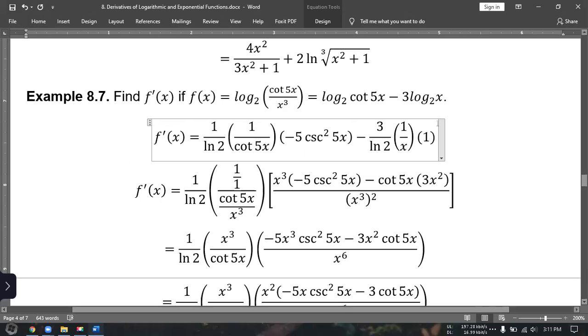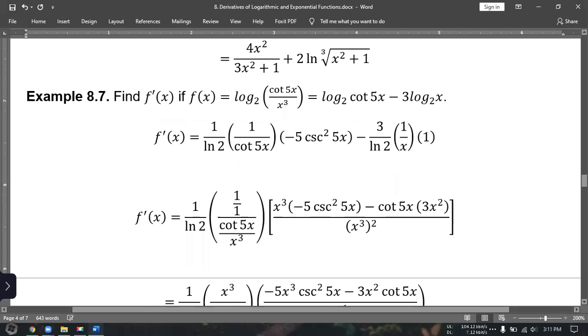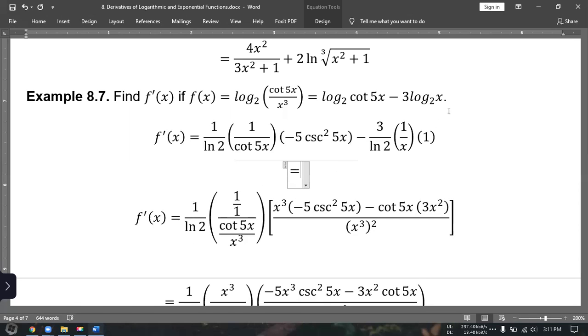Simplify this, we'll have 1 times 1 times negative 5.